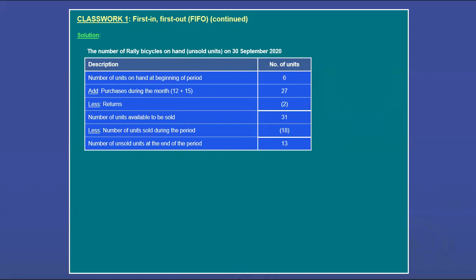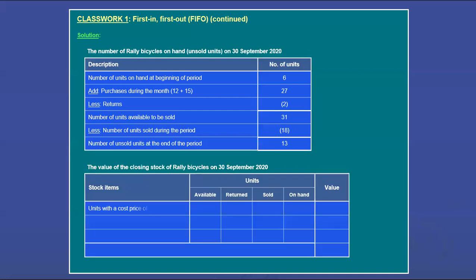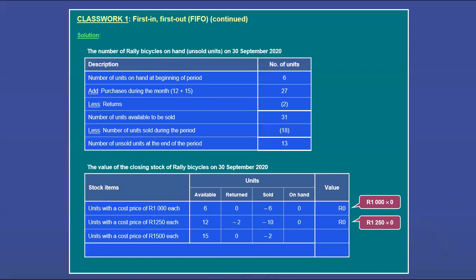Out of the 15, we were left with 13, which were not sold. So the value of these bicycles will be 19,500, because the cost price of those 13 bicycles was 1,500. Multiplied by 13, it gives us 19,500.